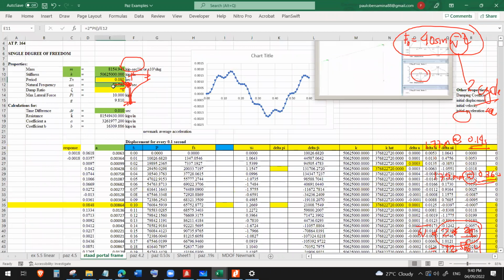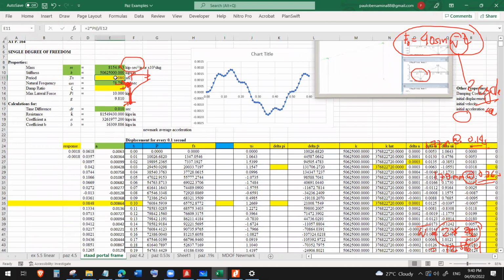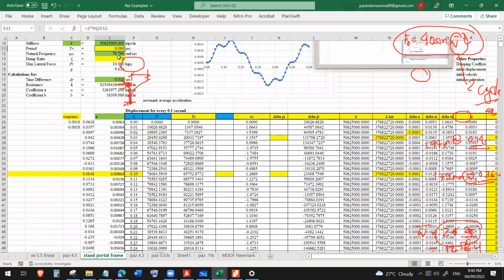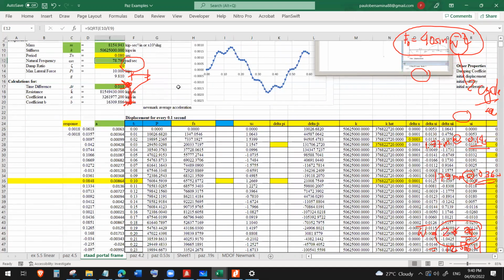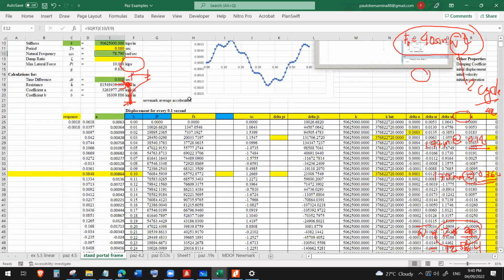We have 0.08 second also as a period, and this time the delta t is also 0.01. This is the mass and the stiffness to come up with a 0.08 second period and a frequency of 78.79.